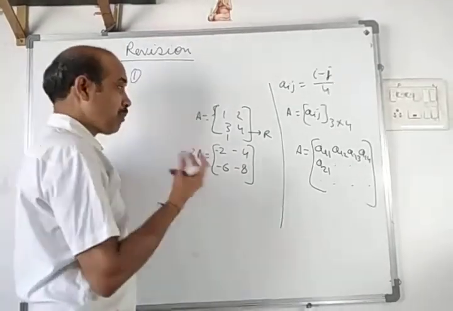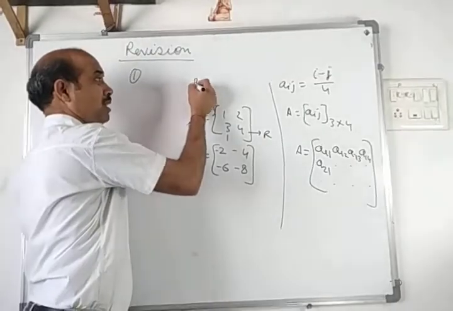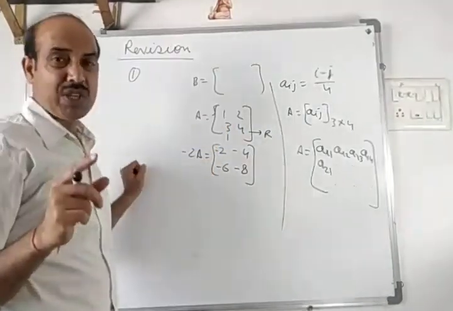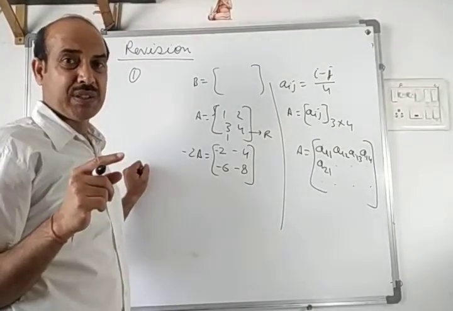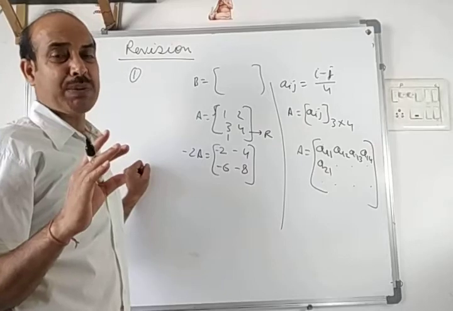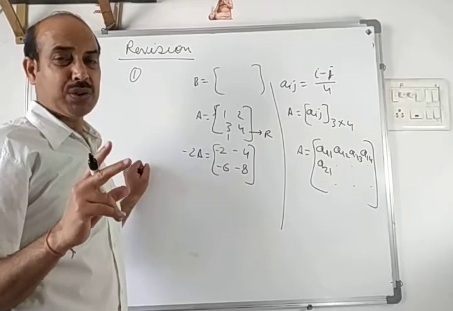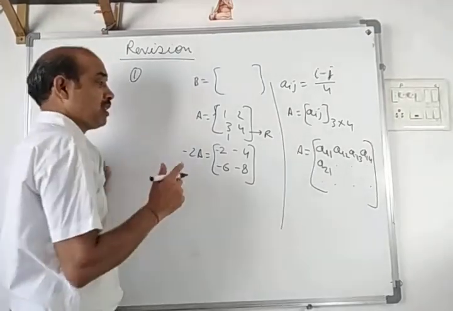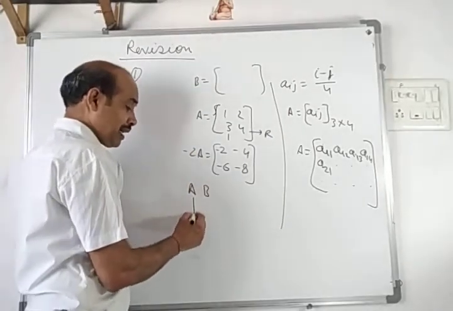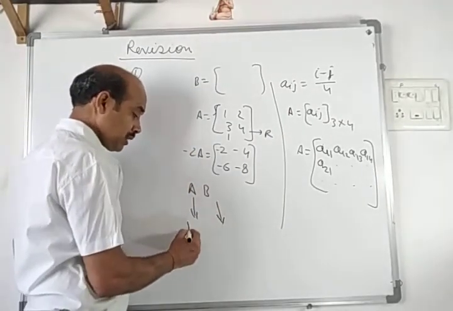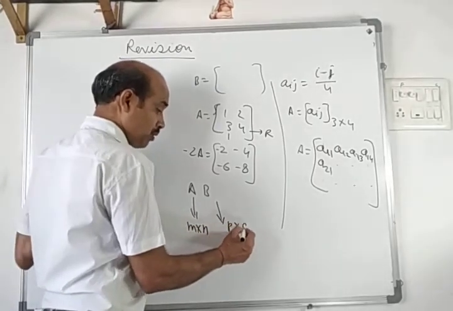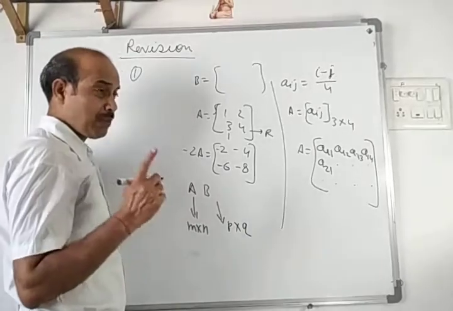But when you are multiplying two matrices A and B, then you must check the condition. Any two matrices cannot be multiplied every time. Only those which satisfy the condition. What is the condition? If you are multiplying A to B, and A is m by n, B is p by q, then there are 2 points we have to remember.